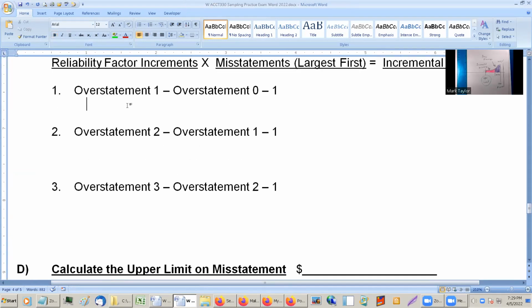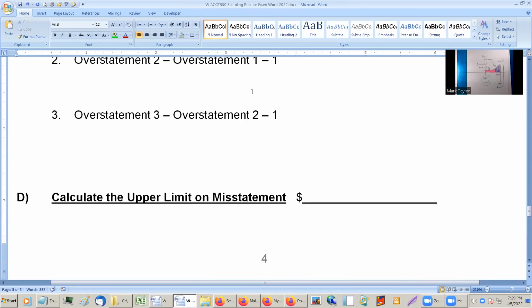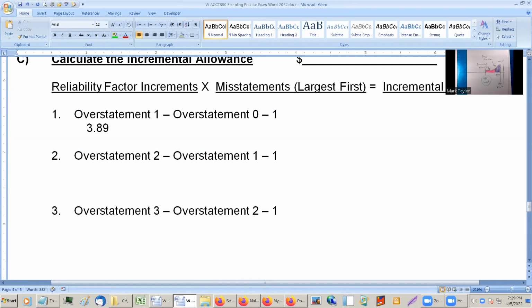It's just the formula. 3.89 minus overstatement 2, which is 2.31, minus 1 equals, and again, I should just make an incremental chart. 0.58.